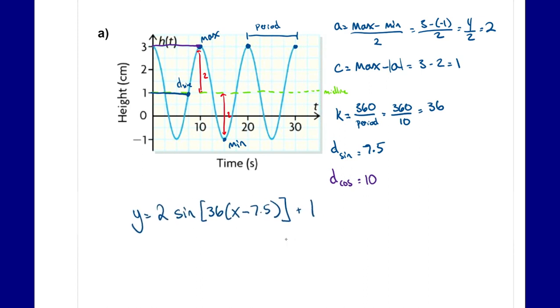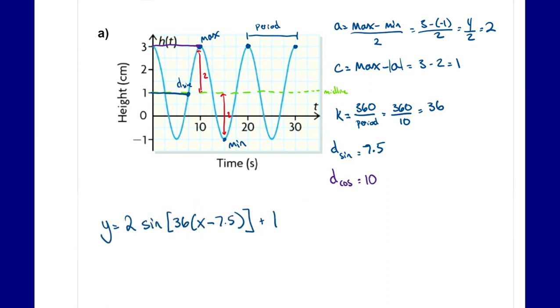So that is my sine function. Now the cosine function for the same graph is going to be almost exactly the same. y equals 2 cosine 360, except it's going to be x minus 10, plus 1.